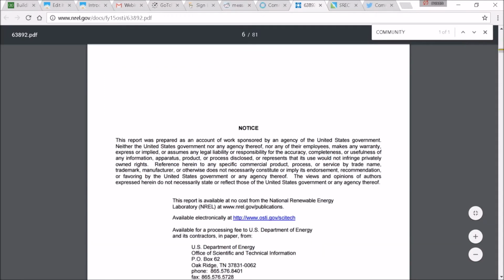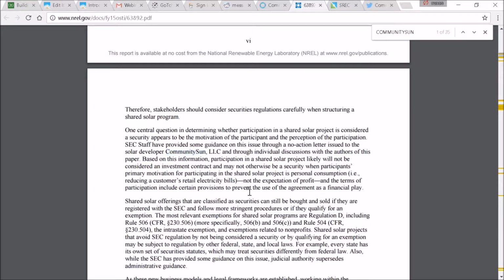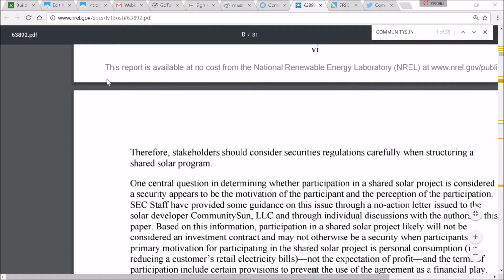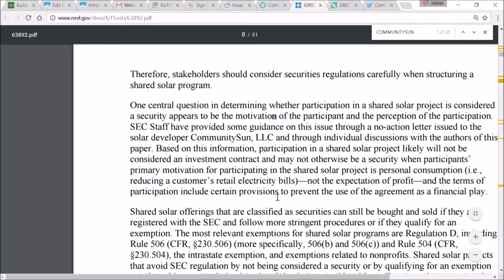It commented on, is community solar a security? This was actually written in 2015, and there's a company called Community Sun, that's a solar developer, that requested SEC guidance on whether or not they're creating a security with a community solar or shared solar project.